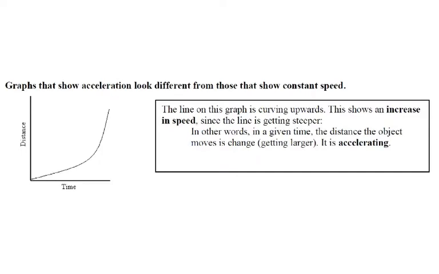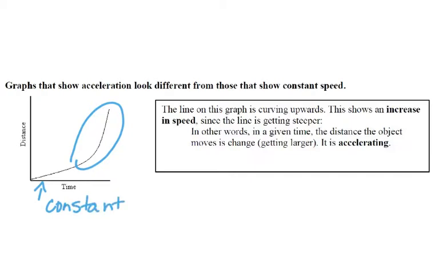The opposite of a constant speed is going to be acceleration. This part right here, where the line starts to curve, means that the object is accelerating. Right here, we have this straight line, that's a constant speed, 6 meters per second, whatever it is.